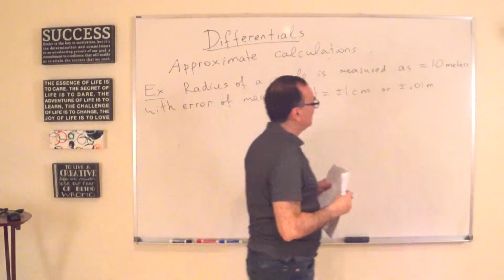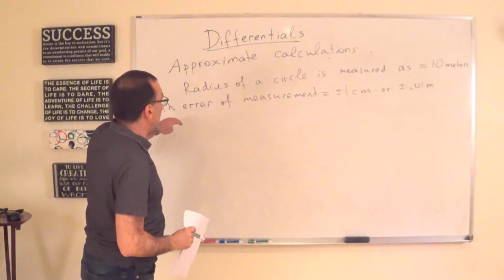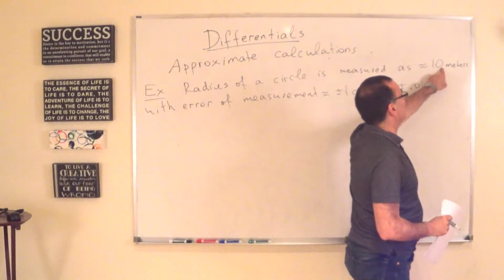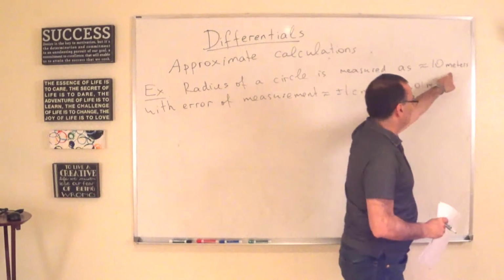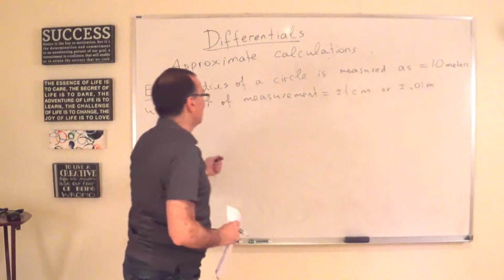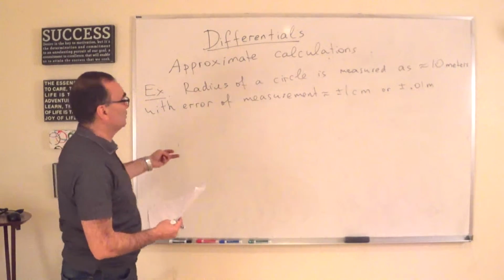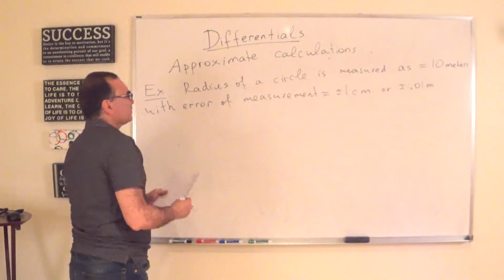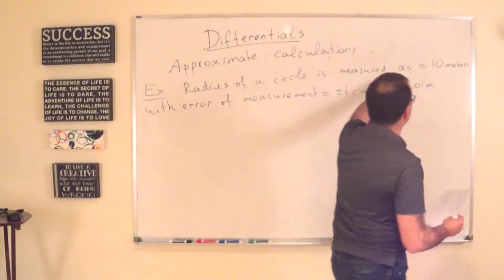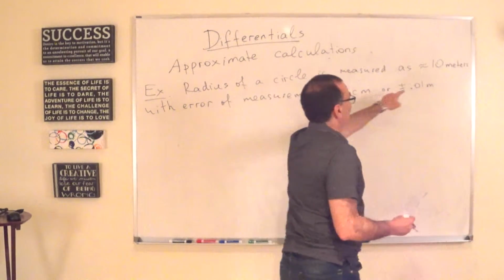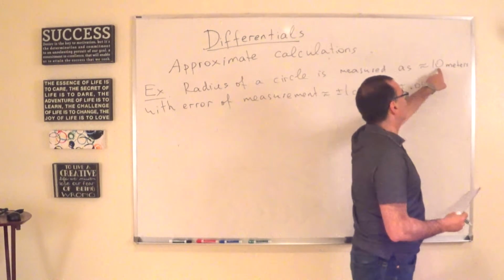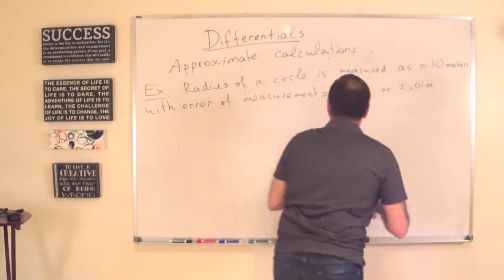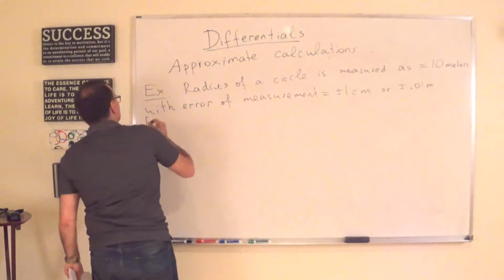In fact, if you think of it, it's a very good measure, because actually it's 0.1%. It's 1/1000th of the value. So it's a pretty good measurement. However, it's still approximate, it's not precise. So what it actually means is that the precise radius of that circle doesn't have to be exactly 10 meters, but it's between 10 meters minus 0.01 and 10 meters plus 0.01.